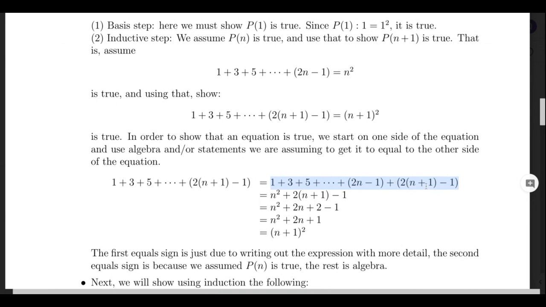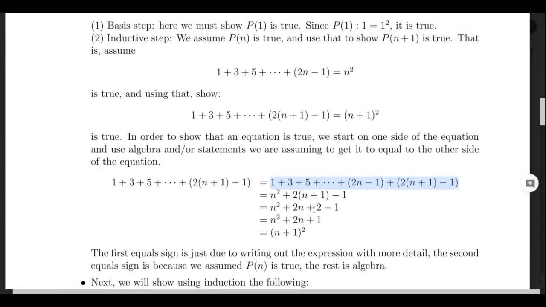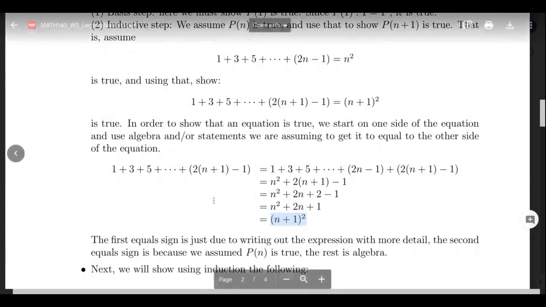Then 2 times n plus 1 minus 1, that's 2n plus 2 minus 1, that's 2n plus 1, right? We simplify this, so we get n squared plus 2n plus 1. What is that? That's a perfect square. That can be written as n plus 1 squared, right?